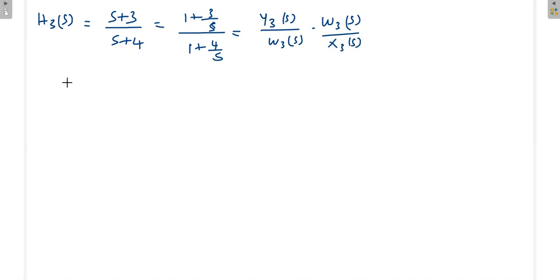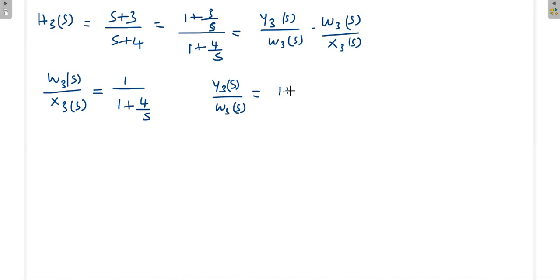Now W3 divided by X3 is equal to 1 by (1 plus 4 by s). Similarly, Y3 divided by W3 is equal to 1 plus 3 by s. Now cross multiply this.